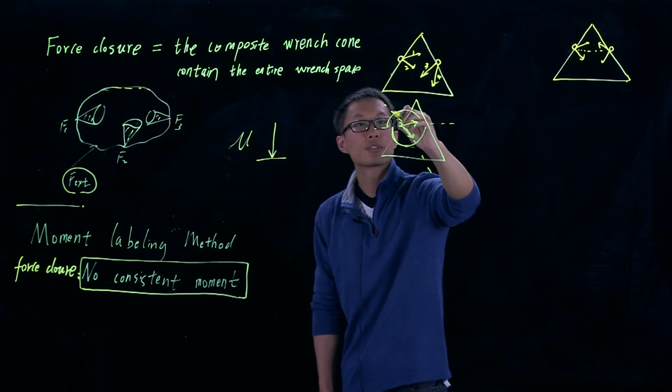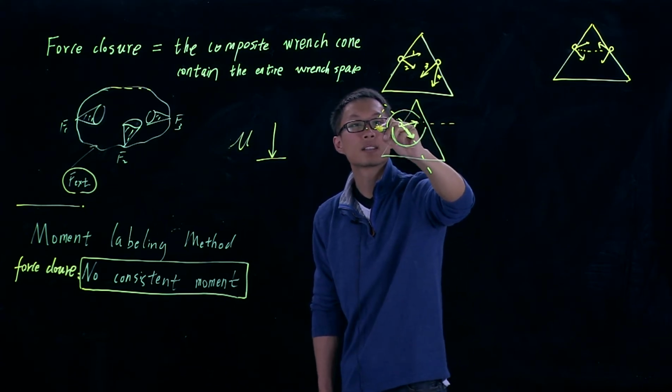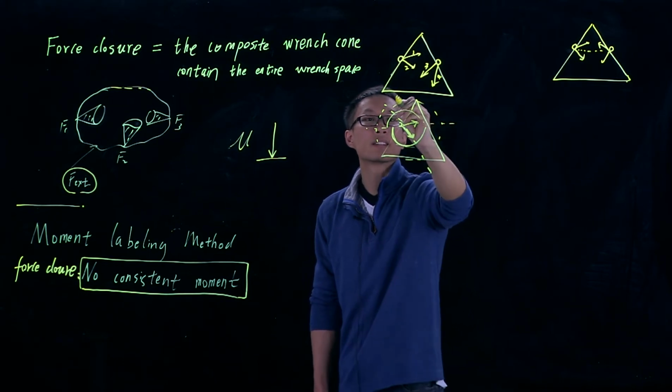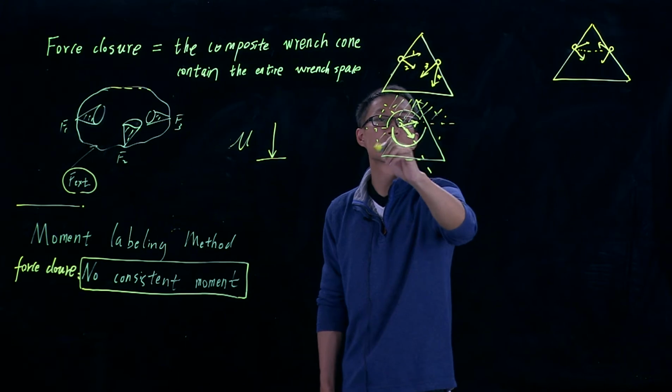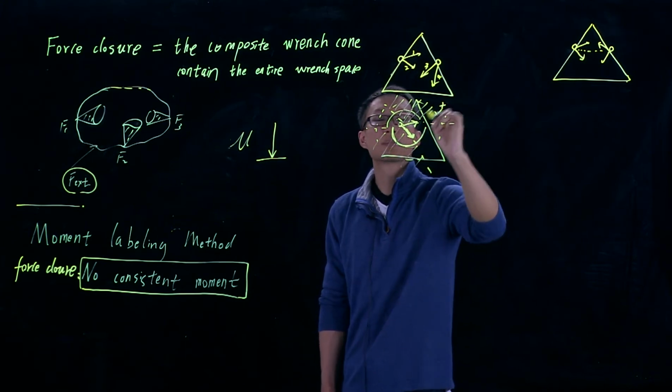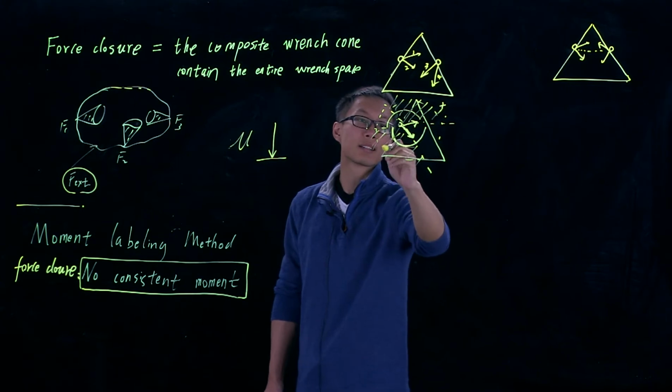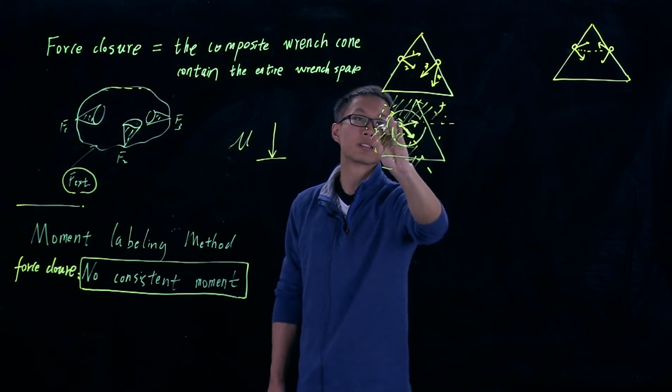And for this wedge edge, this part is negative, and this part is positive. Finally, we can see this part has a consistent positive moment, and this part has a consistent negative moment.